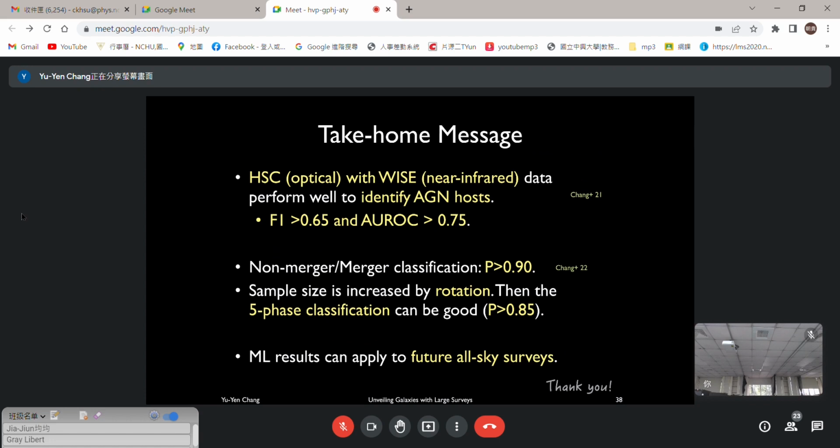Then in this case, we don't have to do visual classification for all the galaxies, which costs human time. We ask the computer to do the work for us. In both projects, we have very good performance according to our purpose. Because today there is more and more data in astronomy, I believe that with machine learning, this result can apply to our future all-sky surveys.